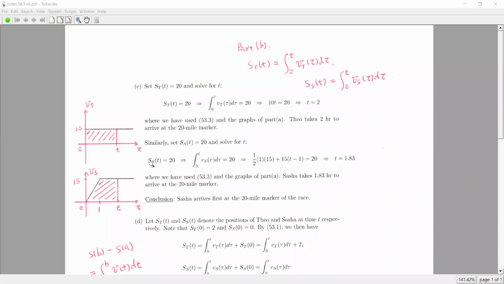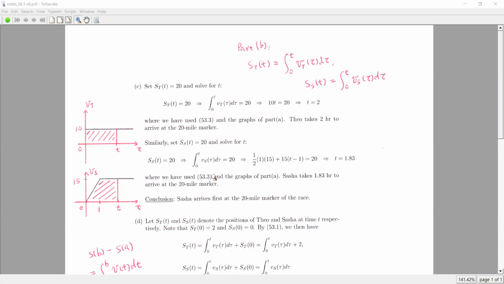Similarly, set the position of Sasha to 20. Then I have this equation. This integral is the net area of the region between the graph of velocity and the horizontal axis and between 0 and t. This region is a triangle plus a rectangle.